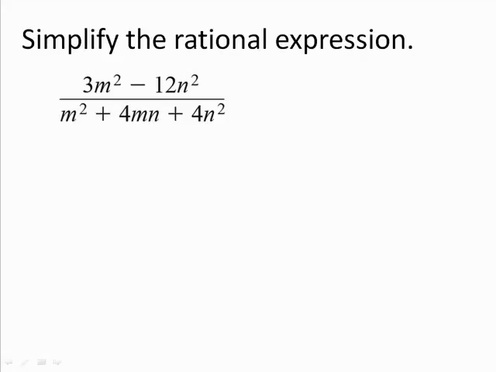Simplify the rational expression. 3m squared minus 12n squared divided by m squared plus 4mn plus 4n squared. Factor the numerator and denominator.